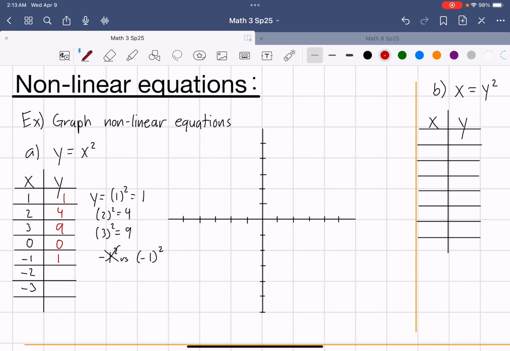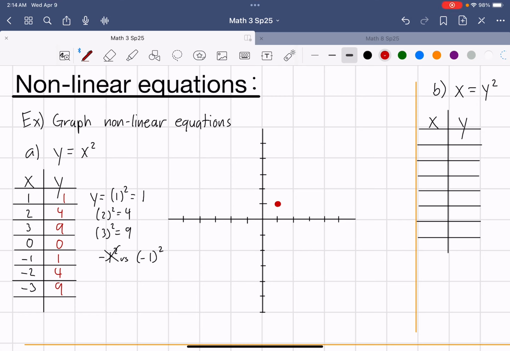Same thing. We're going to take that negative 2 in parentheses. It's going to give us positive 4. That negative 3 is going to give us a positive 9. Now, I just plot these points, and I hope this is enough points to help me see this graph. So starting with that very first point, I'm going to have a point at 1, 1.